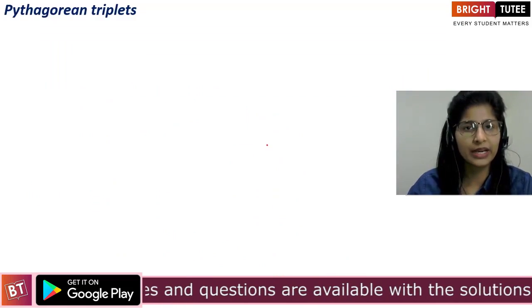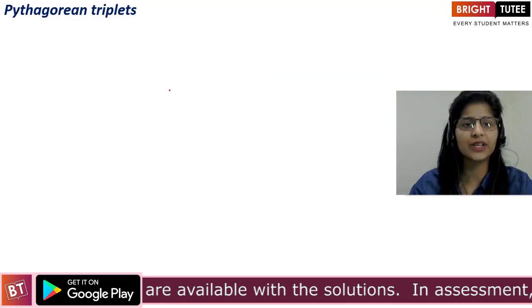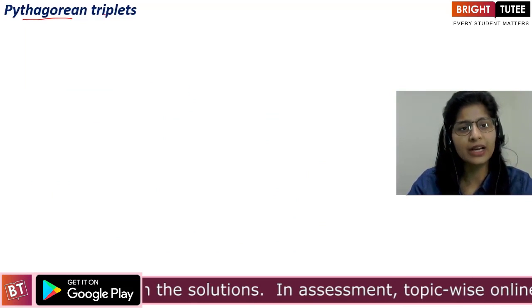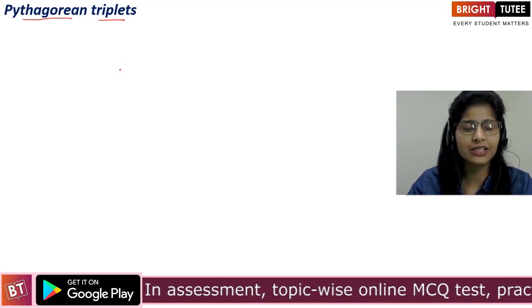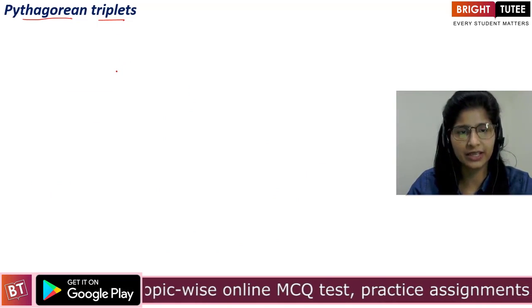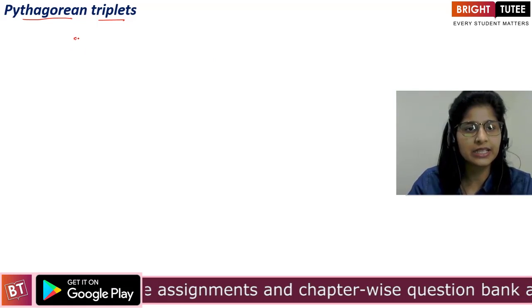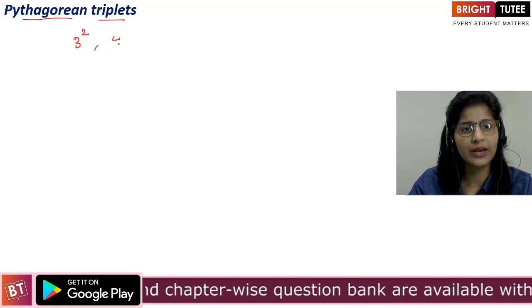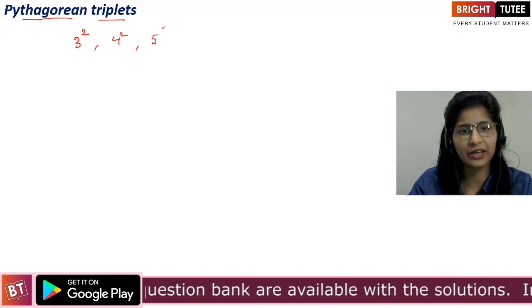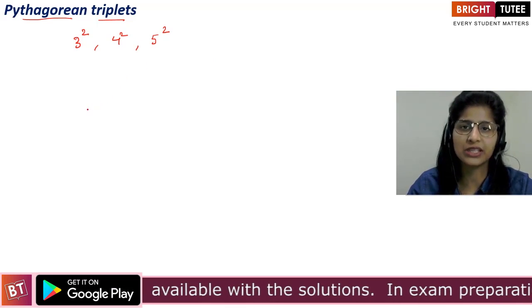Clear? Okay, so the next topic that we are going to start with is Pythagorean triplets, right? You might be aware of Pythagoras theorem. If not, let us discuss here. Just to see, consider square of 3, square of 4 and square of 5. What is the relationship between these three numbers?